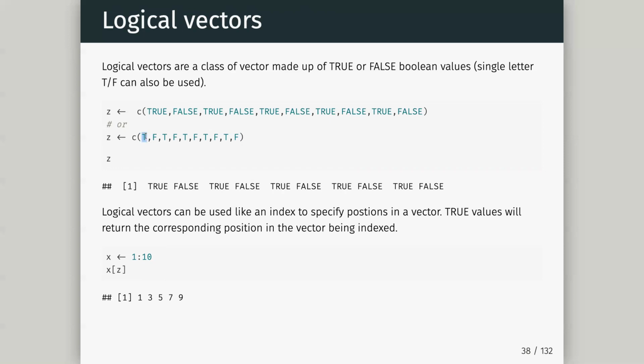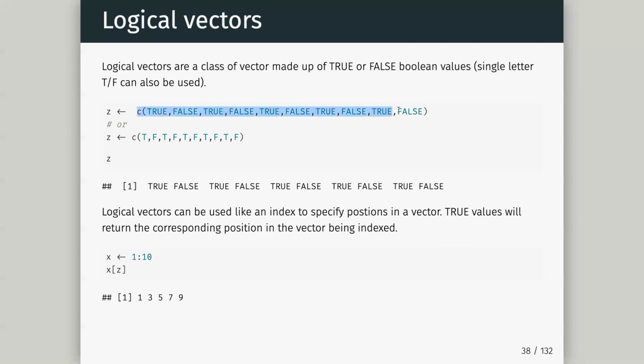You can also use shorthand T and F. I can tell you it is better to use TRUE and FALSE as the full thing, because there are some problems in R: you can actually overwrite T by assigning your own value to it. You can't overwrite TRUE.